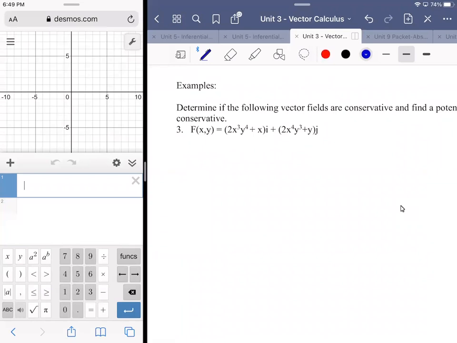All right, so the first thing is to look at P and Q. What I mentioned before is that P and Q can also be thought of as the first order partial of the vector function f with respect to x and with respect to y, respectively.